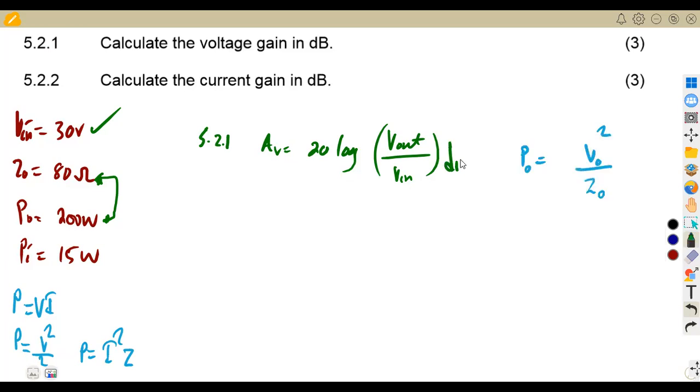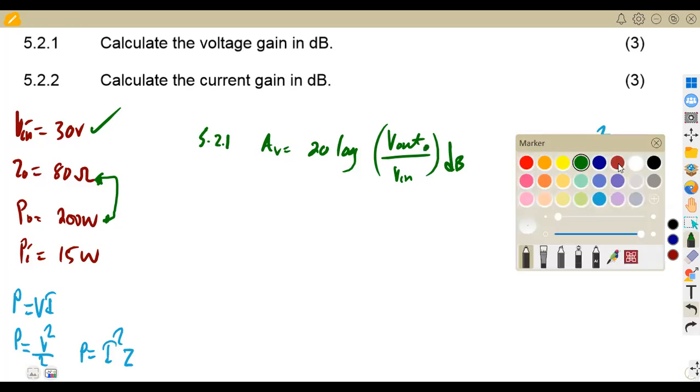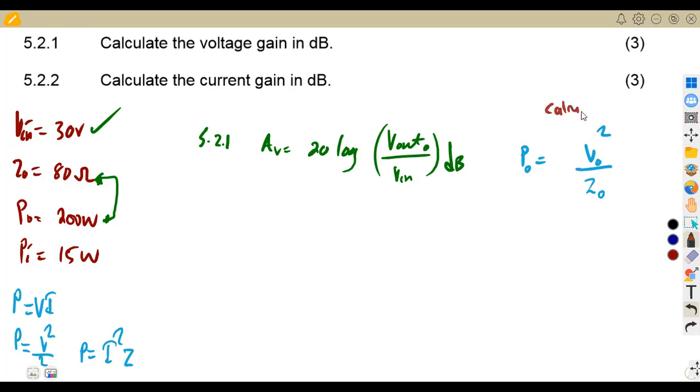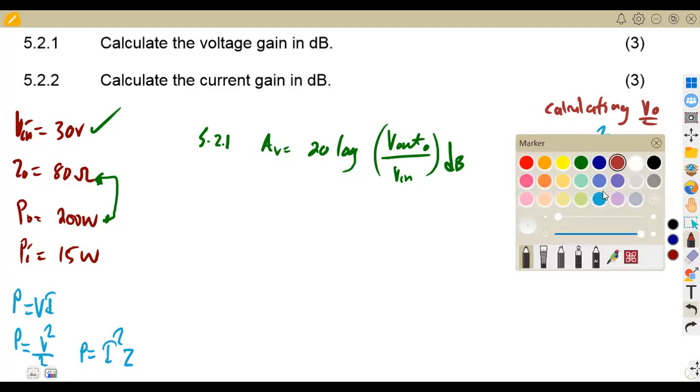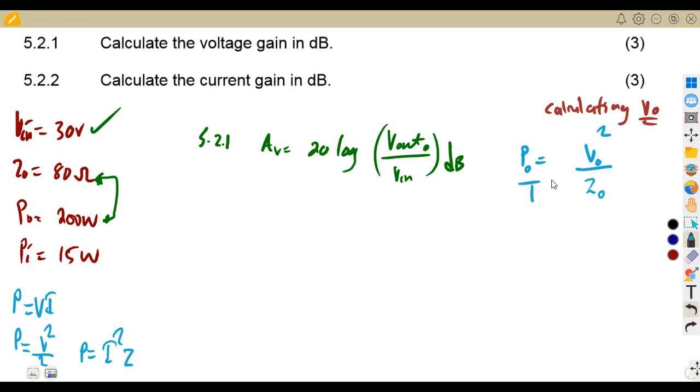So we can calculate Vout, which is the one we do not have here. Let us cross multiply. Pout times Zout is equal to Vout squared. Taking the square root of both sides, Vout is the square root of Pout times Zout.